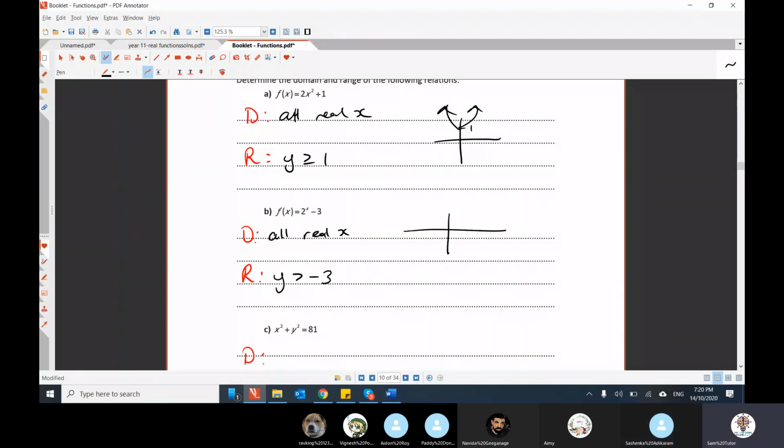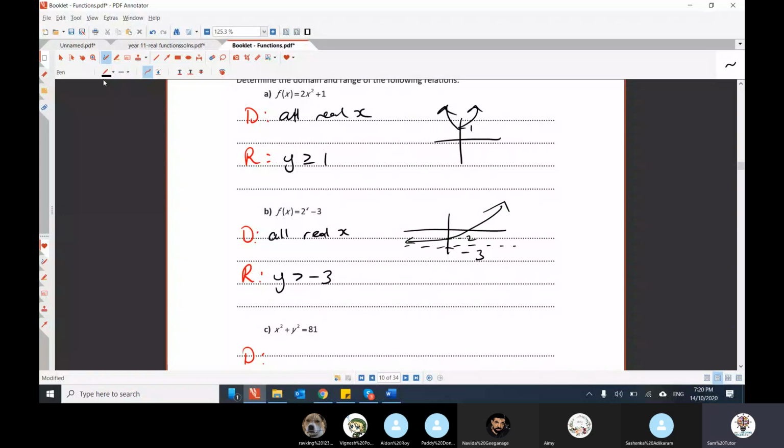I think so. So you've got your asymptote, which now is down here, and it cuts through at -2. So it's an exponential that's shifted down 3, all real x, and greater than -3. Fantastic. Not equal to.